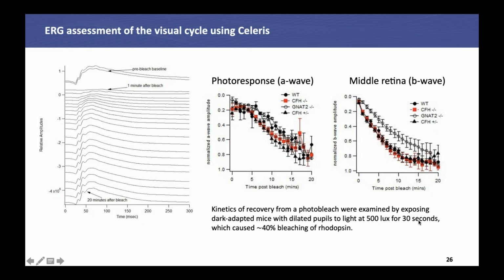Then you try and record a rod response 1 minute later, 2 minutes later, 3 minutes later, and you can watch the rods start to come back to a dark adapted state. So you do a baseline rod response, then you light adapt them, and then you look at a dark adapted response again and watch them as they start to dark adapt.